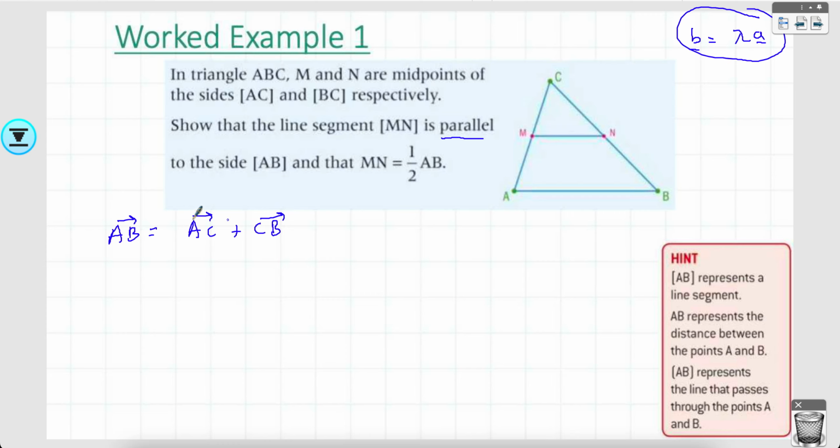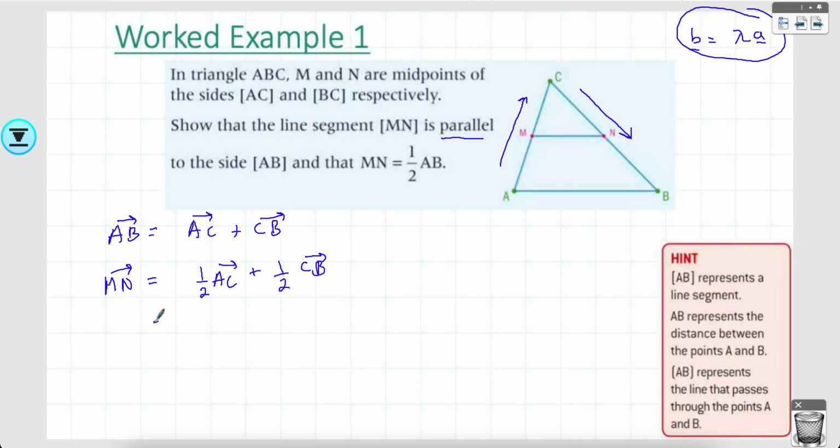So I can use this method, and then I could say, well, M to N is half of A to C and half of C to B. Notice how I'm trying to move in the same direction for both of them, so I'm not going the opposite direction. It still works if you want to go opposite direction, but you have to keep it consistent throughout.